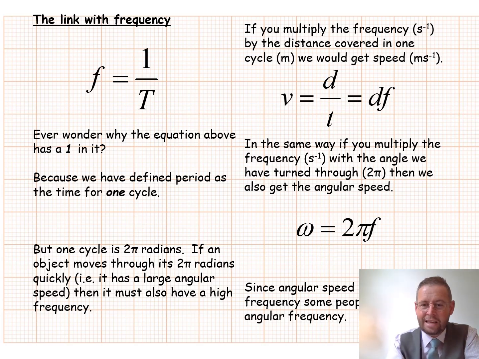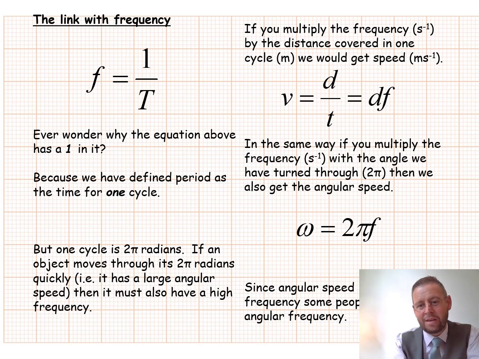Now consider this. If we were talking about the distance in angle that we'd gone around, by referring to it as frequency, we're talking about going around the whole circle. And that angle is 2 pi. So if the distance in angle format was 2 pi radians, then we would have this different relationship.